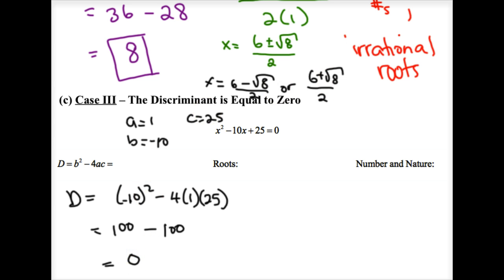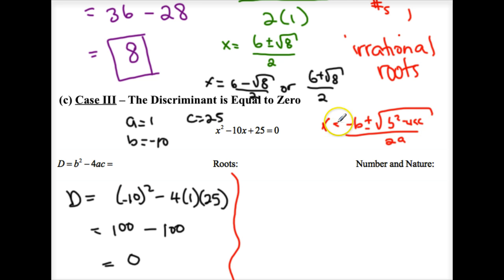Now what about my roots? So let's make a pathway here. Again, my quadratic formula, you have to know this. X is equal to minus b plus or minus square root of b squared minus 4ac all over 2a. This is going to be on the reference, so you don't have to memorize it.